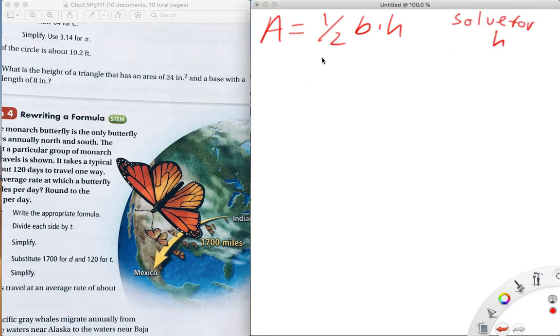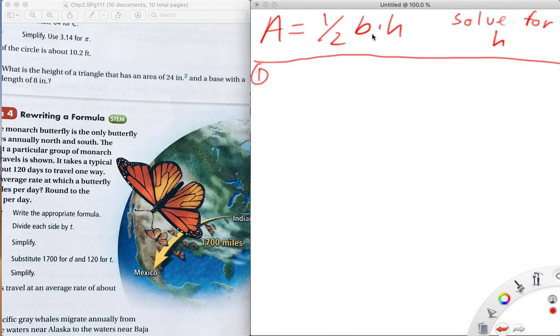There are two ways to do it. We can manipulate this equation first and then substitute, or we can substitute and then manipulate. Either way, it's going to get us there. I'm going to manipulate first, so I'll do method 1.